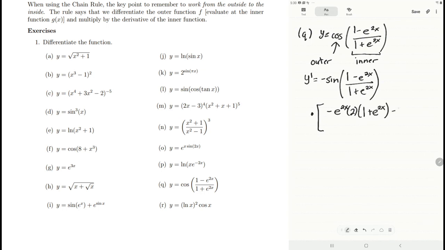We then subtract 1 minus e to the 2x, and then we multiply by the derivative of 1 plus e to the 2x, which is e to the 2x times 2. And so this is all divided by 1 plus e to the 2x squared.